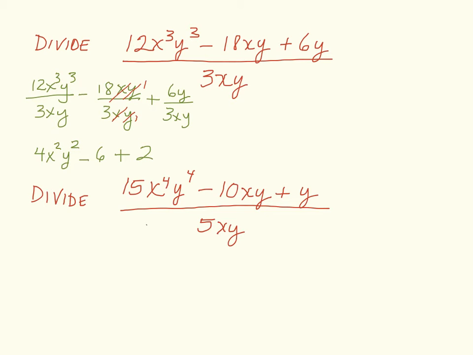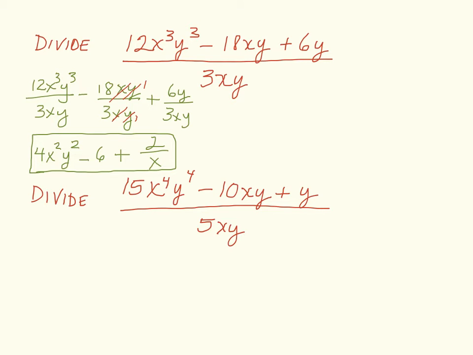The y's cancel, but you're left with an x in the denominator. So that's the way you have to leave it. The x has a positive exponent in the denominator, so you have to leave it that way.